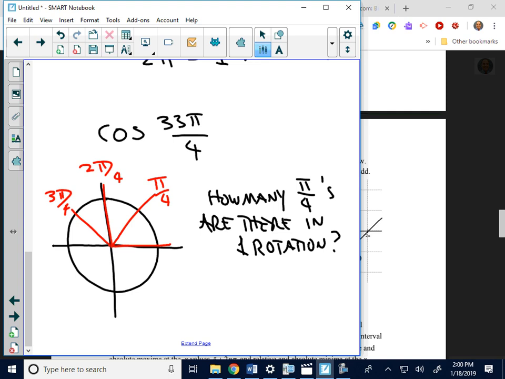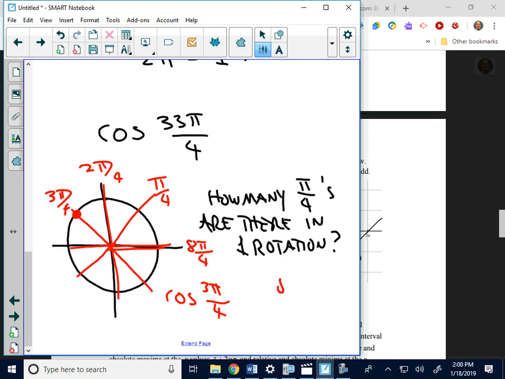If I said what was the cosine of 3 pi over 4, you simply found 3 pi over 4, wrote the ordered pair, which was your quiz, and then looked at the x-coordinate. Here's 4 pi, 5 pi, 6 pi, here's 7 pi, here's 8 pi over 4. So the answer: how many pi's over 4 are there in 1 rotation?